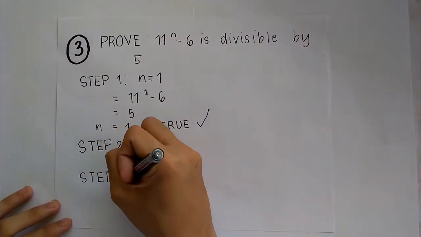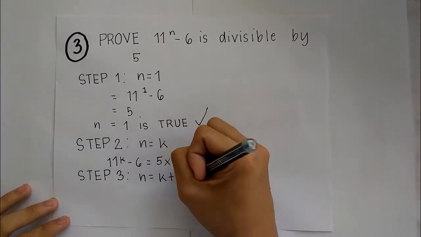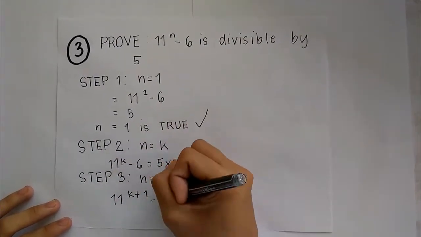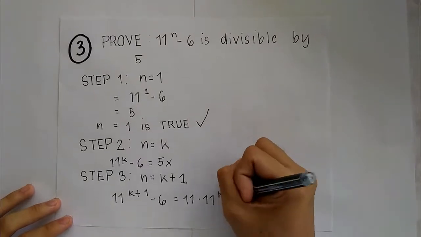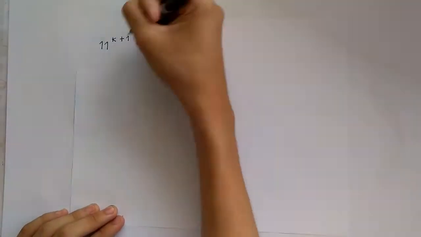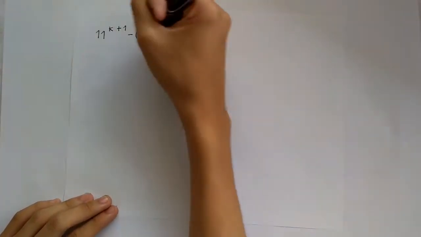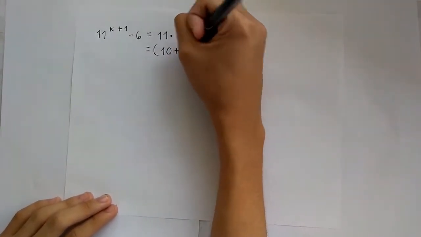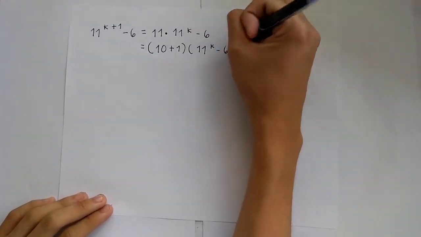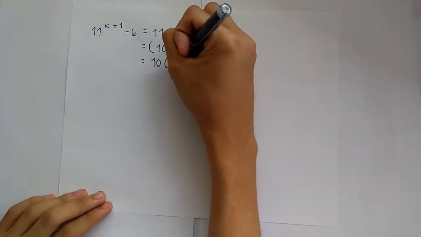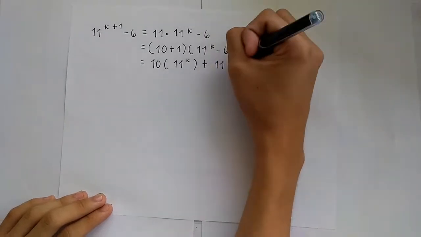Step number 3. Let n be k plus 1. 11 raised to k plus 1 minus 6. Remove the plus 1 in the exponent by multiplying it by 11 raised to k. Expand the 10. Multiply 10 by 11 raised to k and 1 by 11 raised to k.